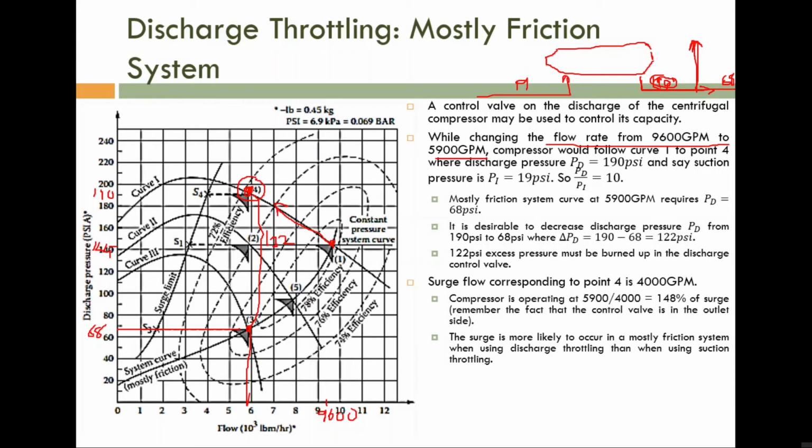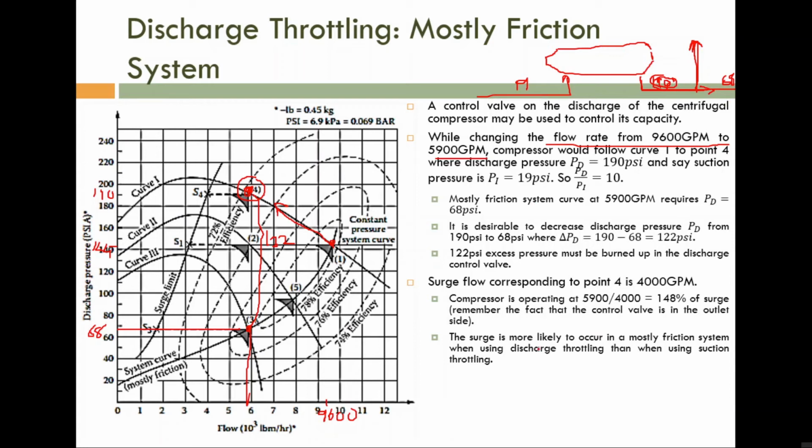That is not decreased. The only thing is, somewhere at the discharge side, either in the bypass line or the main line itself, we are reducing the discharge pressure to 68 psi. Again and again I am saying the compressor gives the same 190 psi. It is not decreased. Is it clear?